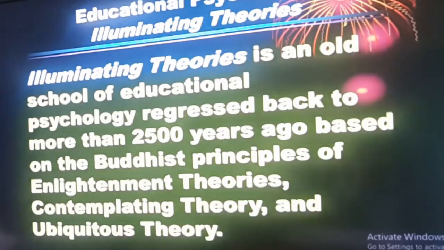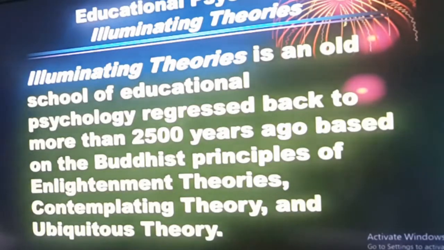Okay. So illuminating theories in the old school of educational psychology trace back more than 2,500 years ago, based on the Buddhist principle of enlightenment theories, contemplating theory, and ubiquitous theory.